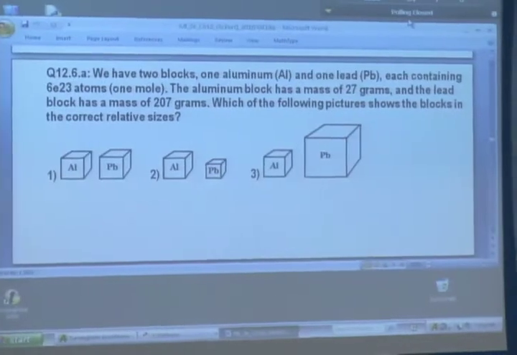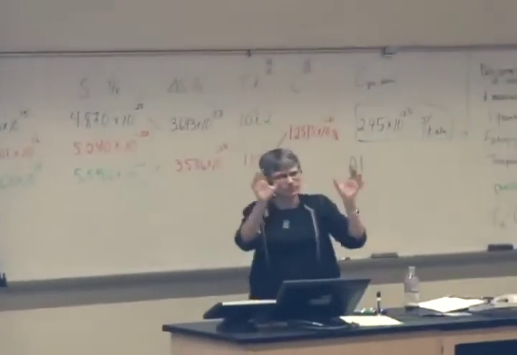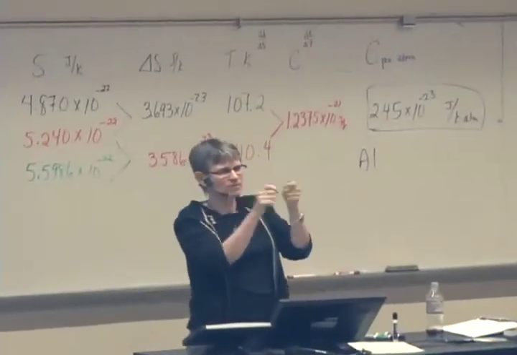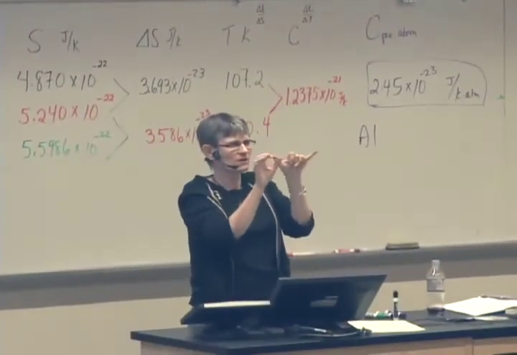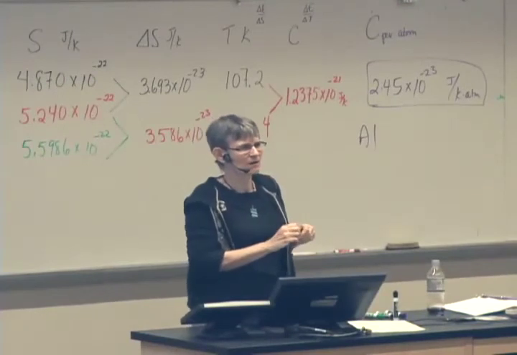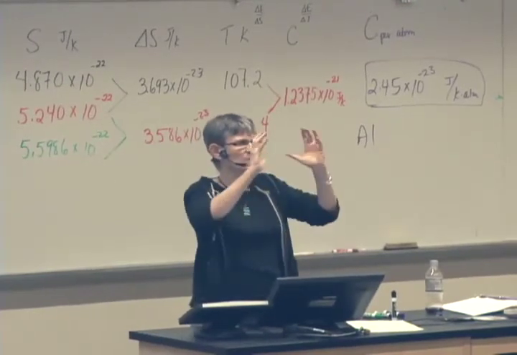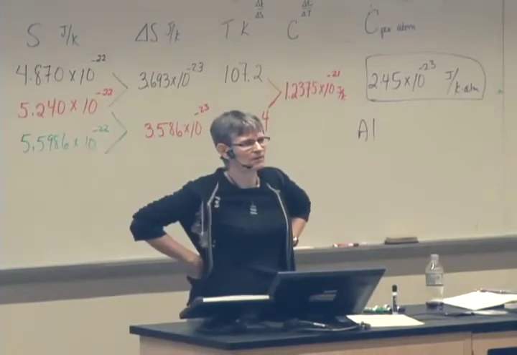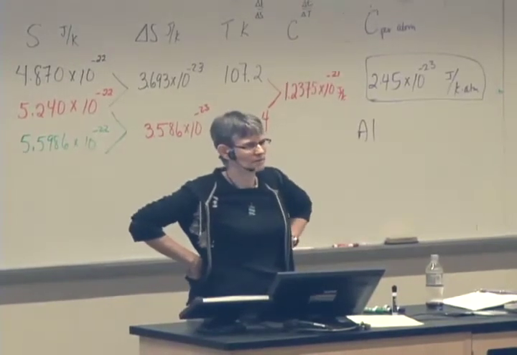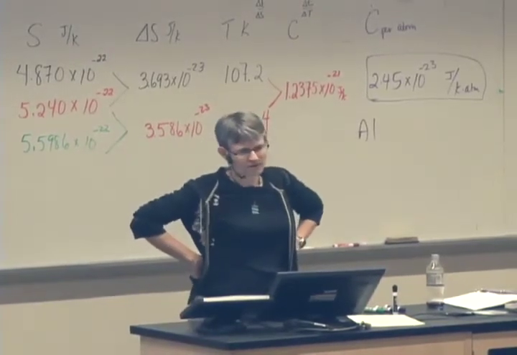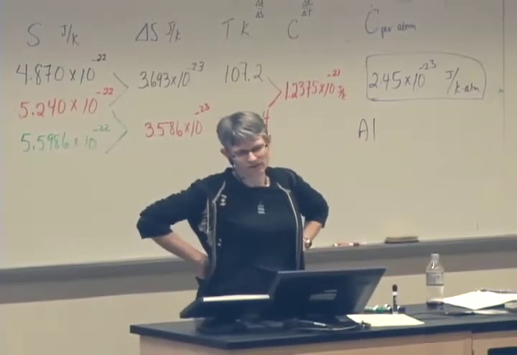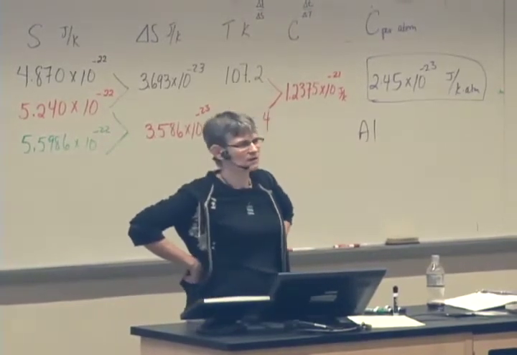Now, a lead atom is a lot more massive, right? But how much bigger is the interatomic bond length? Which means how much bigger is the diameter of a lead atom than the diameter of an aluminum atom? Is it a factor of 2 or 3?